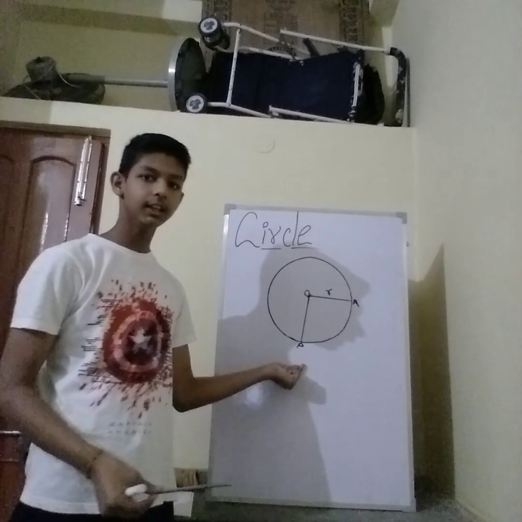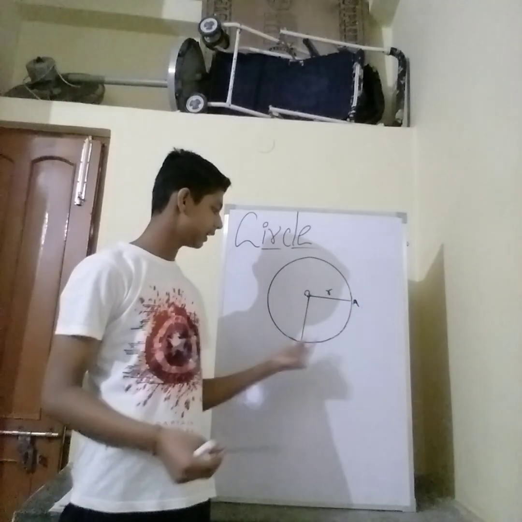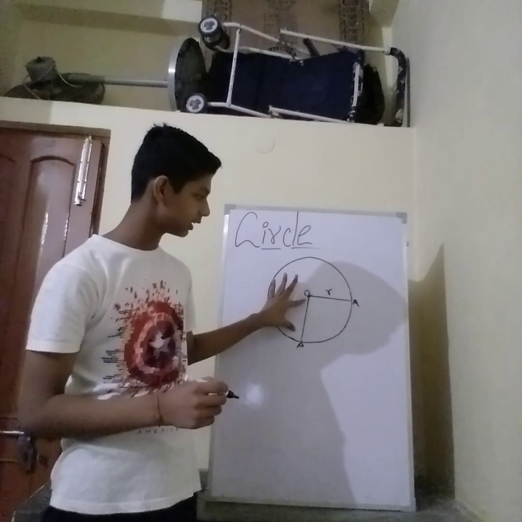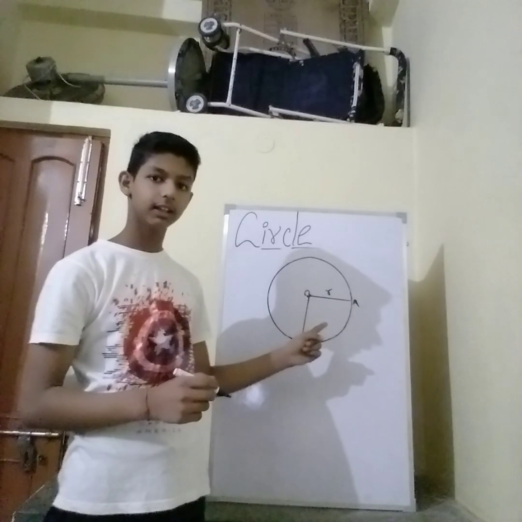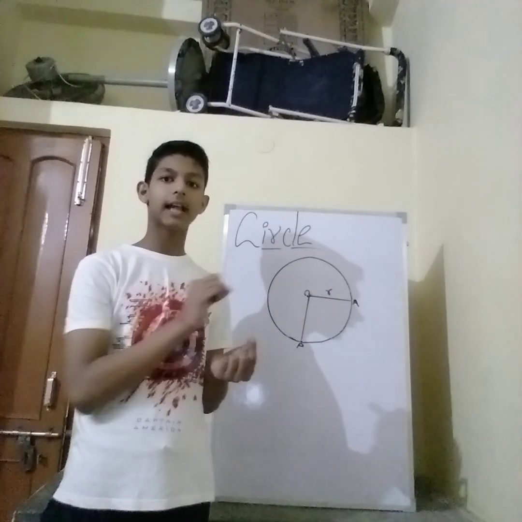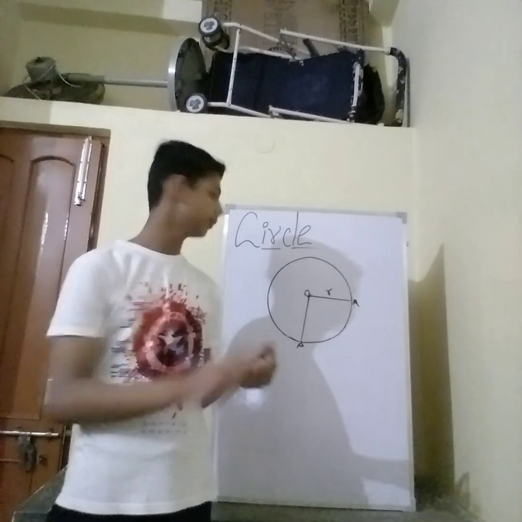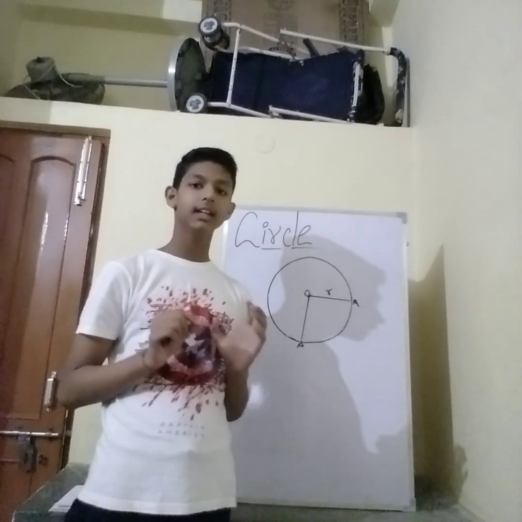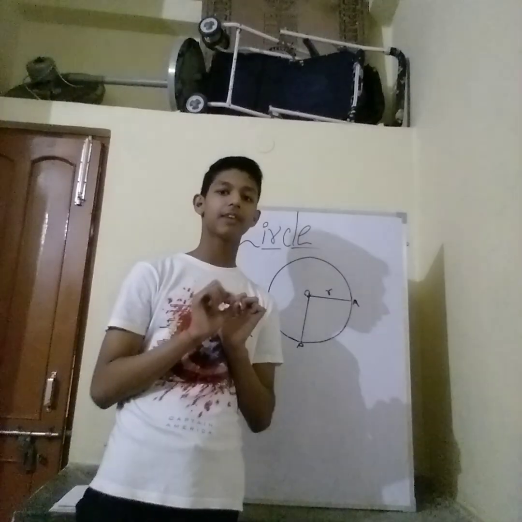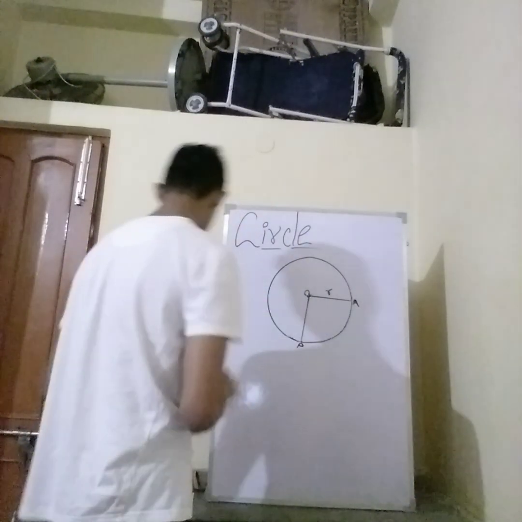This is P, this is A and this is the center O. Now OP is equal to R, the radius. When line segment OP is equal to the radius of the circle, then we conclude that the point P is on the circumference or on the circle.